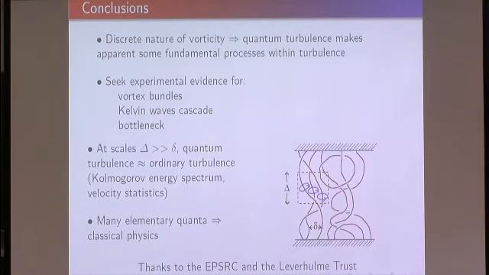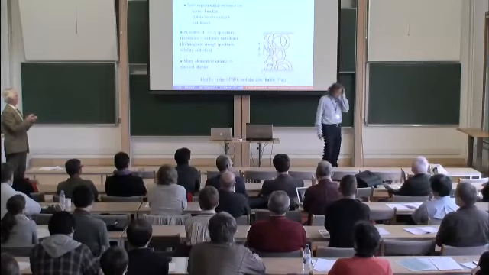Also, the bottleneck, which has been speculated about, has not been seen directly. So this is really a list of work to do, and I stop with this conclusion that with many quanta, we recover the fluid mechanics, which we are trying to learn the hard way, this way. Thank you. I'll stop here.